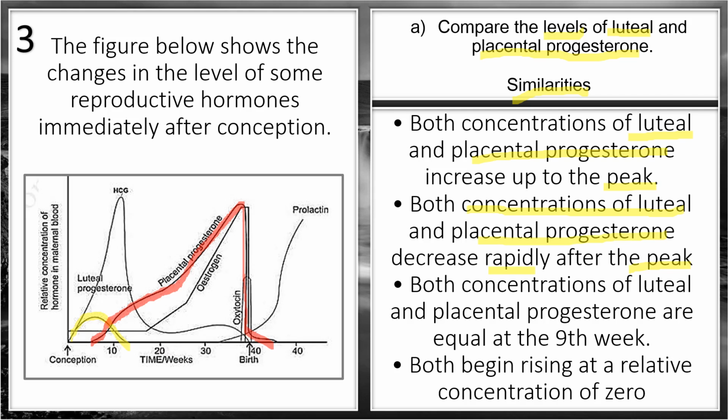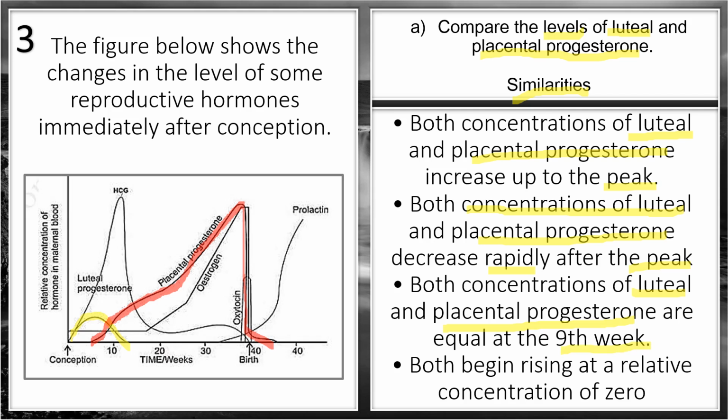So if you look at them after the peak, this is lutein. After reaching the peak, it decreases rapidly. And also progesterone here, after reaching the peak, it decreases rapidly down. Both concentrations of lutein and placental progesterone are equal at the 9th week.